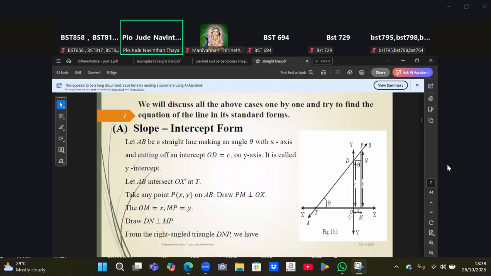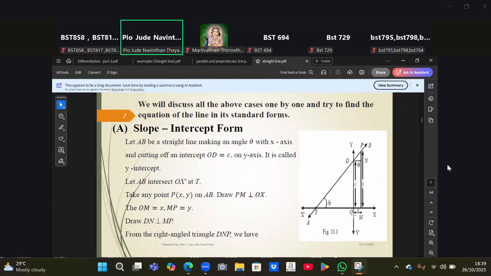Normally, if they say just intercept, with no x-intercept or y-intercept specified, it means automatically the y-intercept. C is given. Otherwise, they will give the x-intercept this value, and the y-intercept this value. Right?